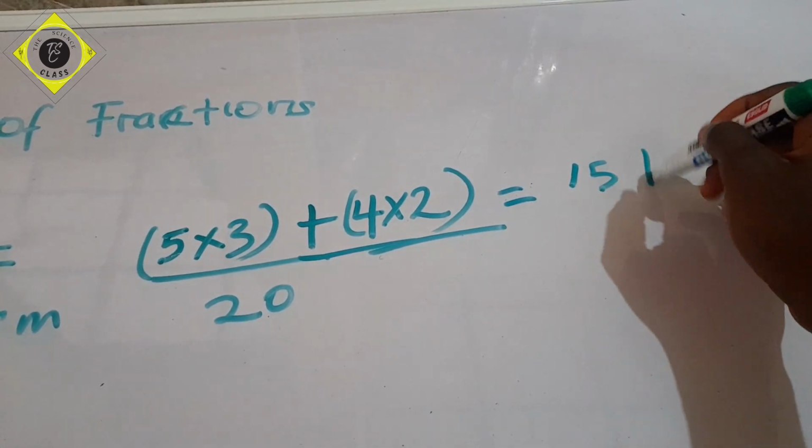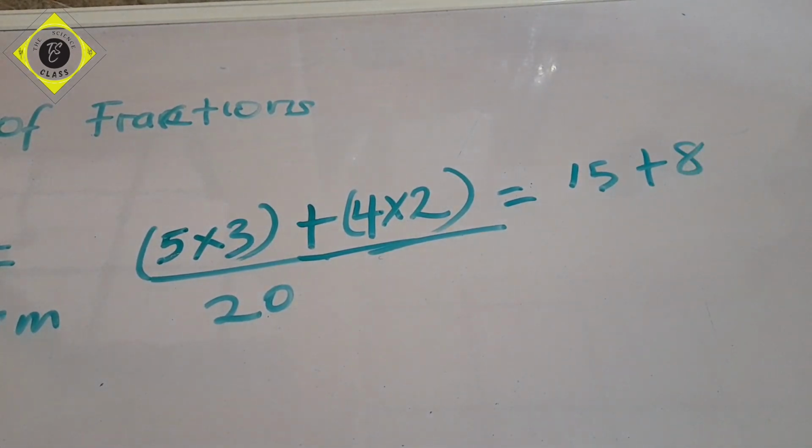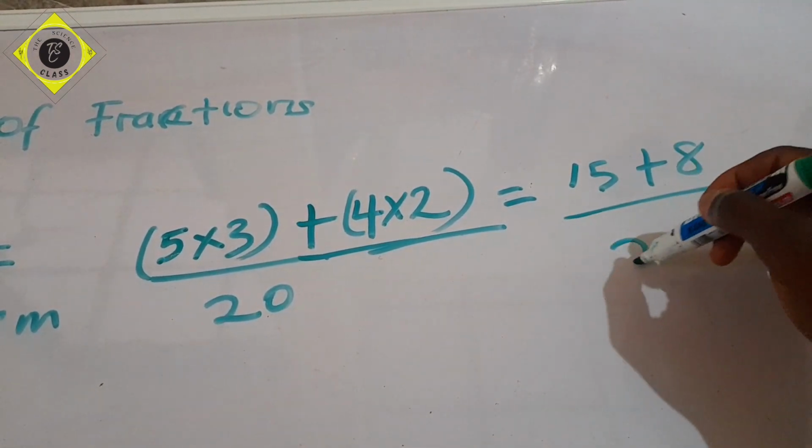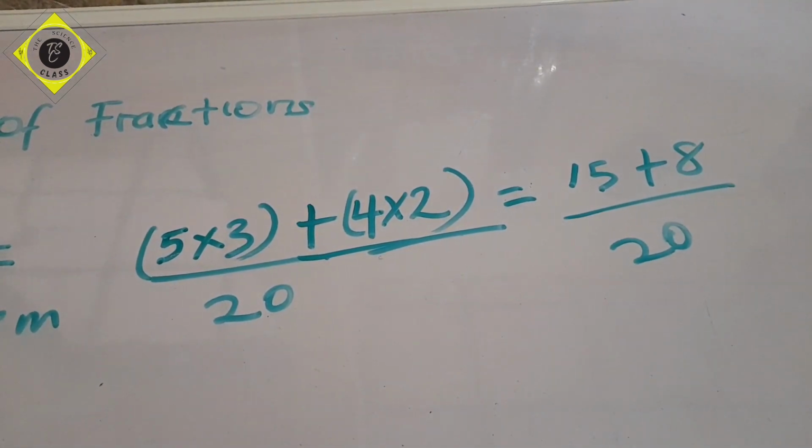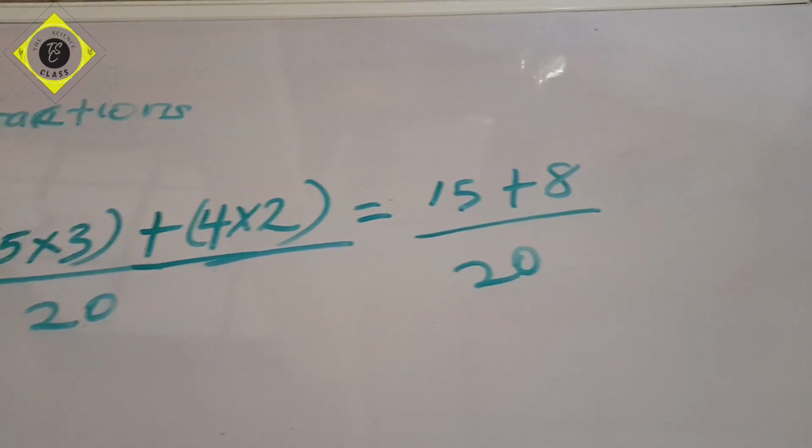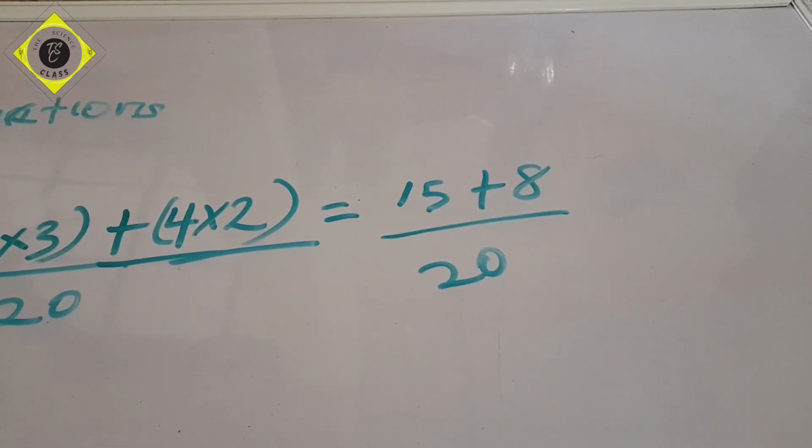This gives you 15 plus 8 all over 20, which is the denominator. So 15 plus 8 is going to give you 23.